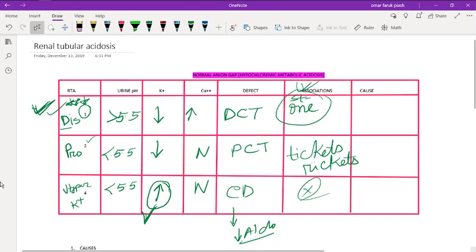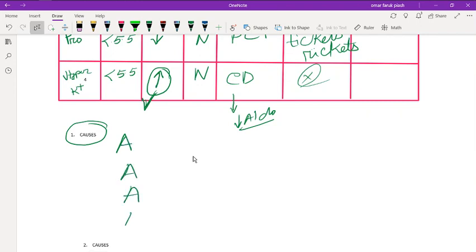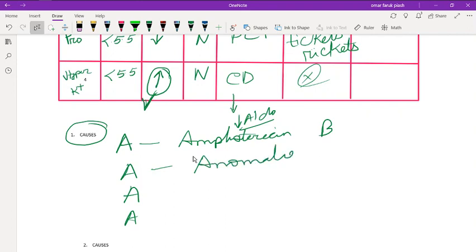Now the causes of type 1 can be remembered by the mnemonic 4A. A for amphotericin B toxicity. A for anomalies, anomalies or obstruction of the urinary tract.